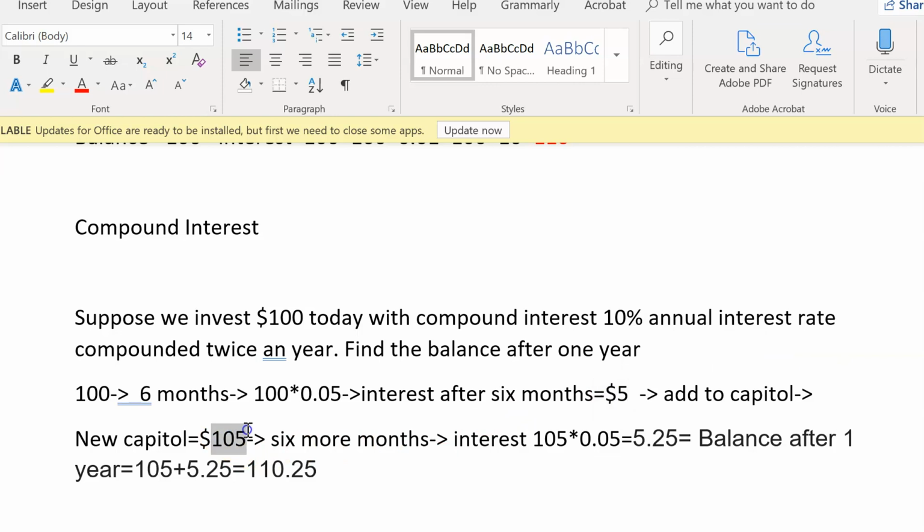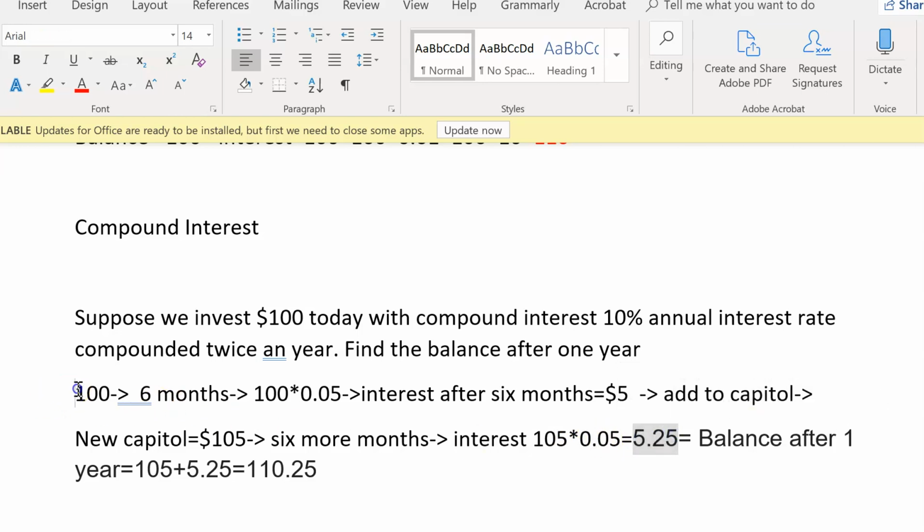The $105 becomes your new principal for the next 6 months. Then you put $105 and you calculate interest on the $105. Again, it's 5% because we are only looking at 6 more months. So it's 105 times 0.05, which is 5.25.